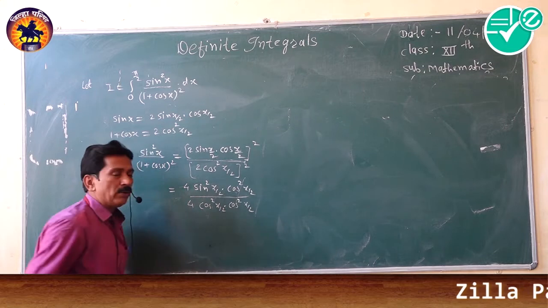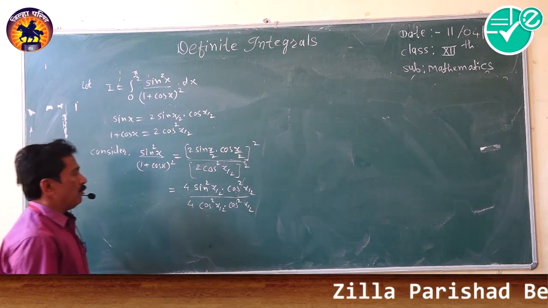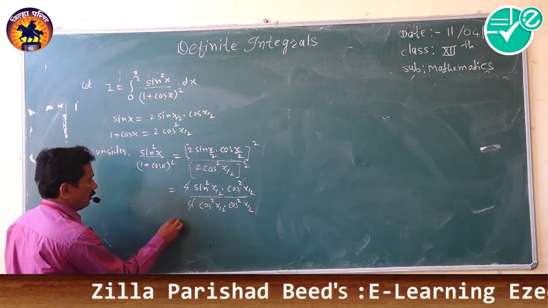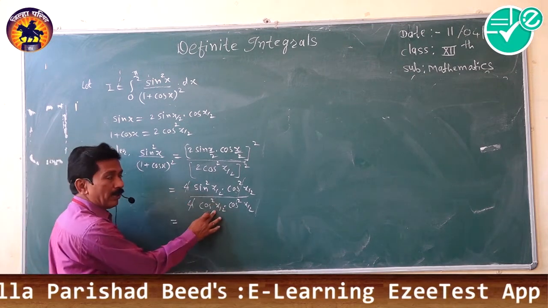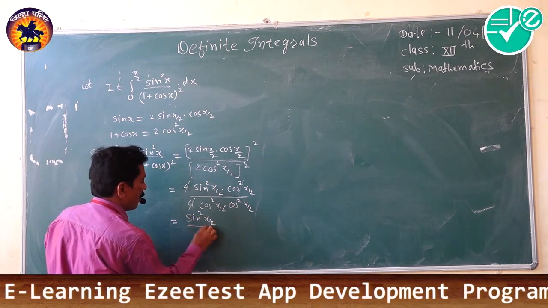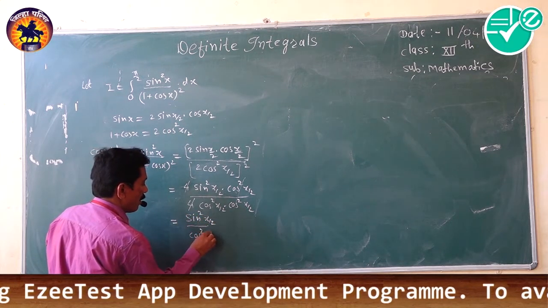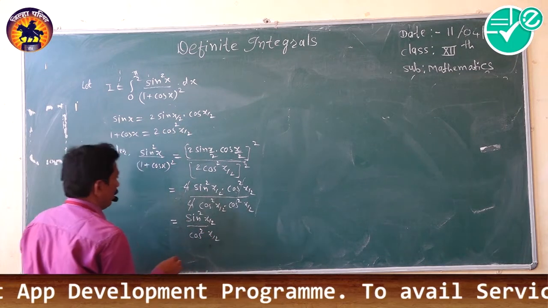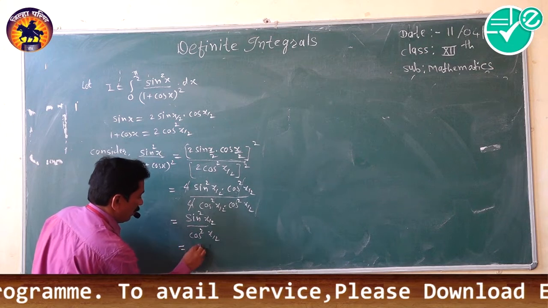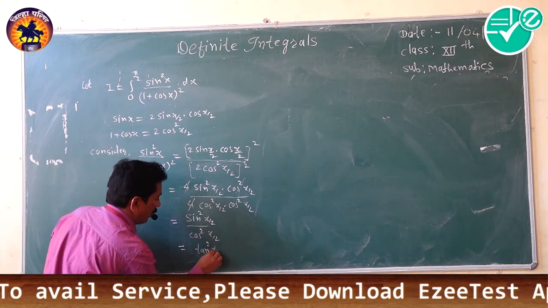This cos square x by 2 gets cancelled from numerator and denominator. This 4 gets cancelled. Now this is nothing but sin square x by 2 divided by cos square x by 2, and this is nothing but tan square x by 2.